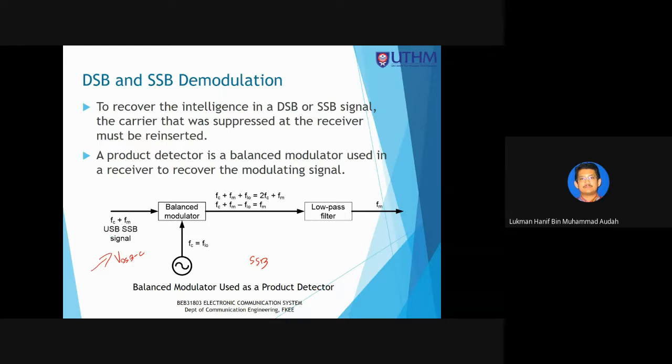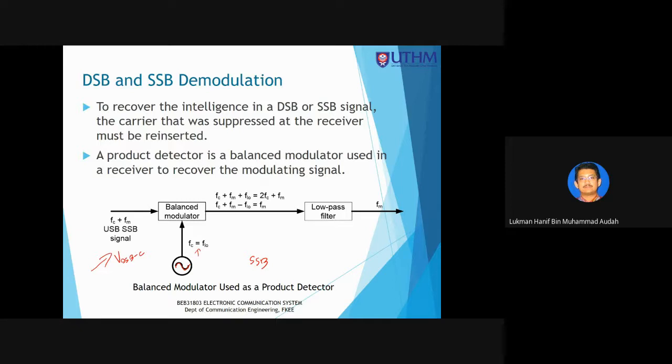Okay, so and then it will put inside the balance modulator. And we have oscillator. The frequencies of the oscillator is set to be F equal to Fc. Maknanya local oscillator pada demodulator dalam receiver, kita tunekan pada carrier frequency.